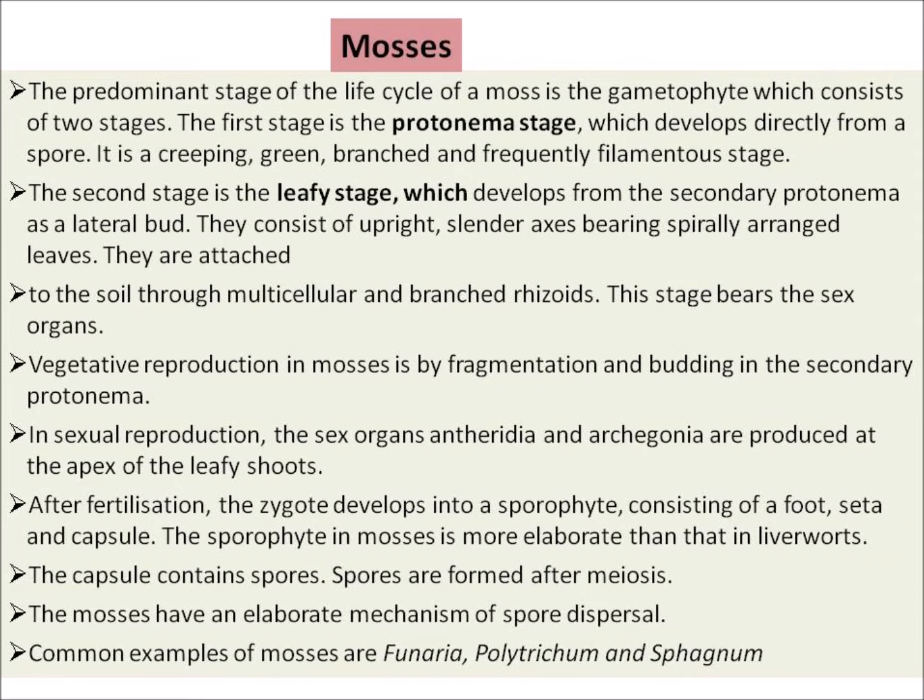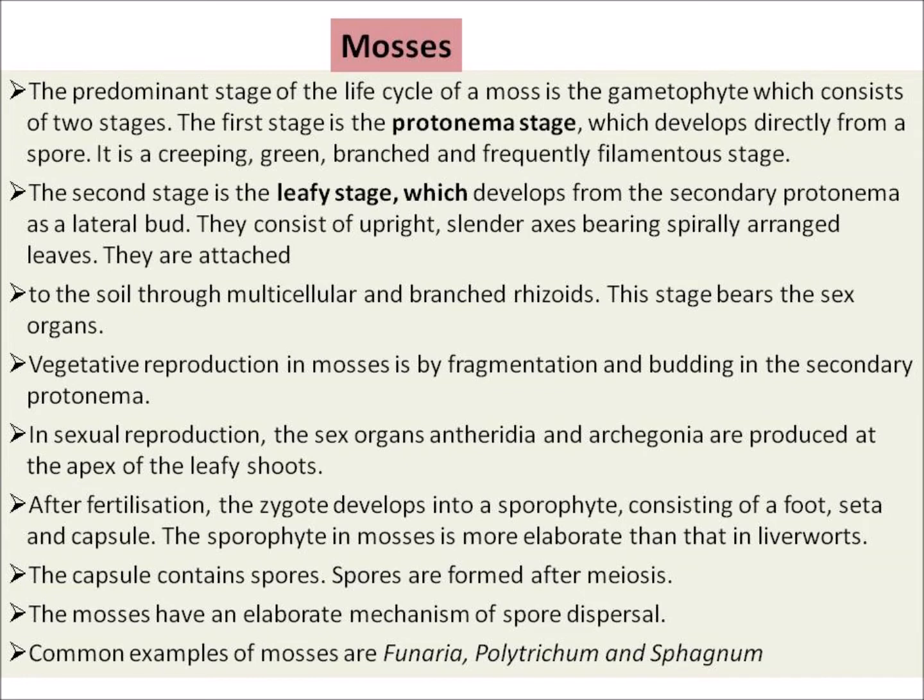Vegetative reproduction in mosses is by fragmentation and budding in the secondary protonema. In sexual reproduction, the sex organs antheridia and archegonia are produced at the apex of the leafy shoots. After fertilization, the zygote develops into a sporophyte consisting of a foot, seta and capsule.